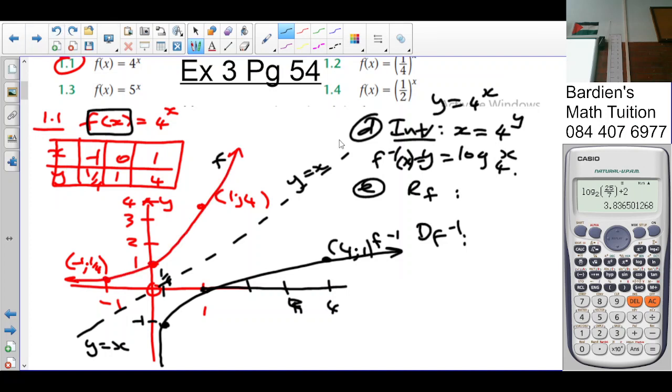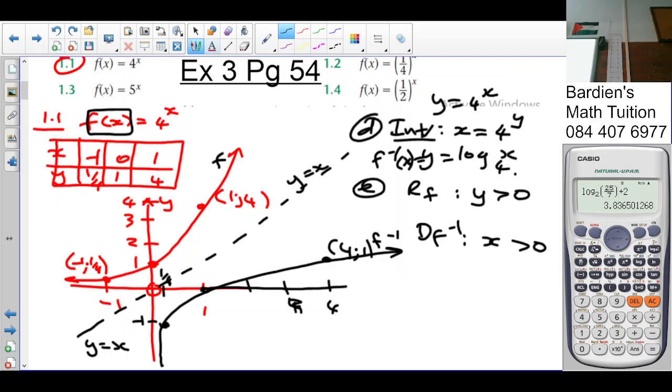No. Where does the graph start existing at? 0 onwards. So we say y is greater than 0. Let's look at the domain of the inverse function, which is this graph here. Domain is all possible x values. Does that graph exist on the negative part of your infinity? No, it starts existing at 0 onwards. So x is greater than 0.